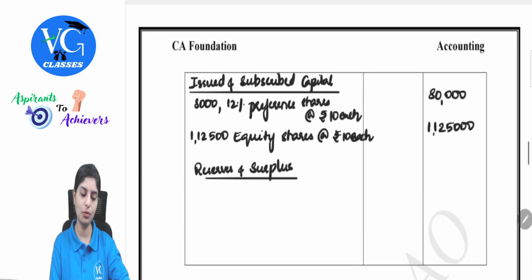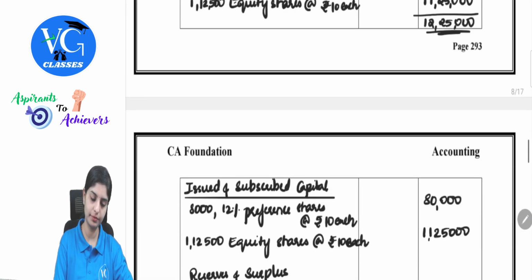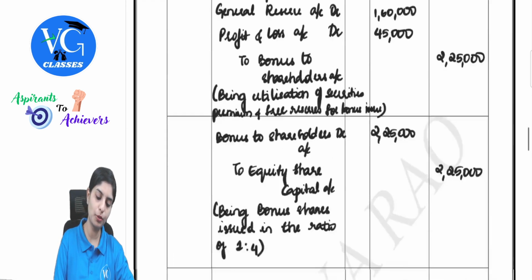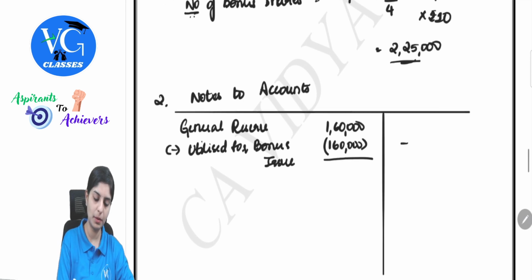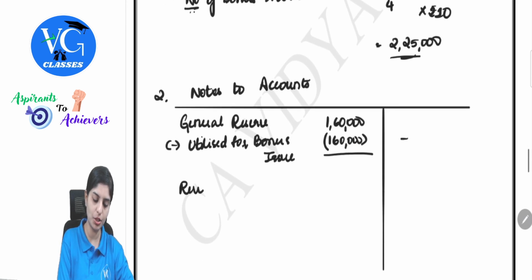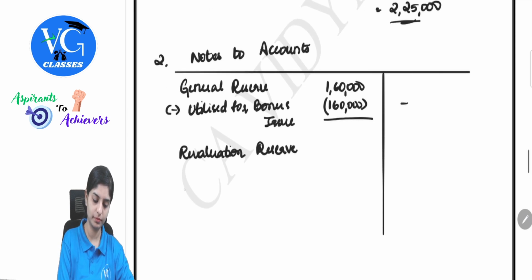How much did we utilize out of general reserve? We have taken full 1,60,000. So balance will be nil. Next, there is revaluation reserve, which is not at all utilized. Securities premium account.